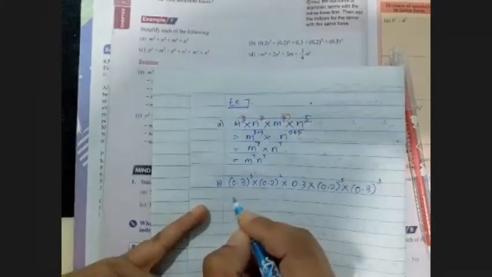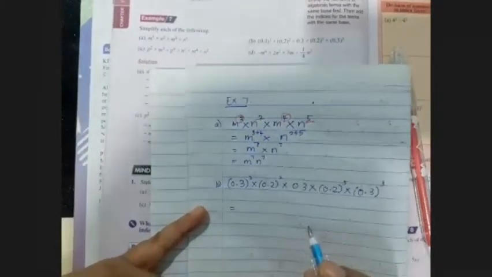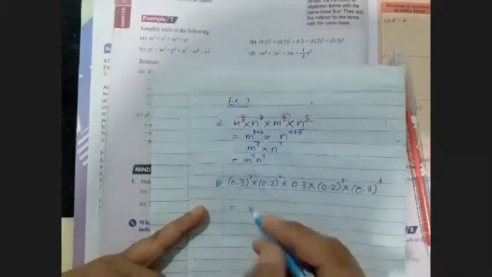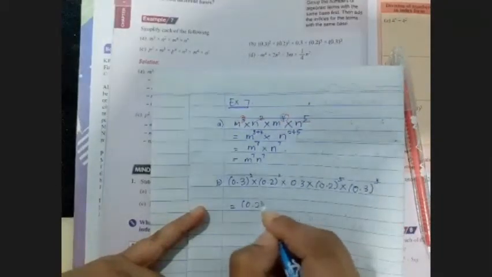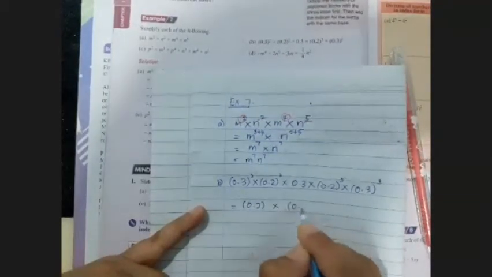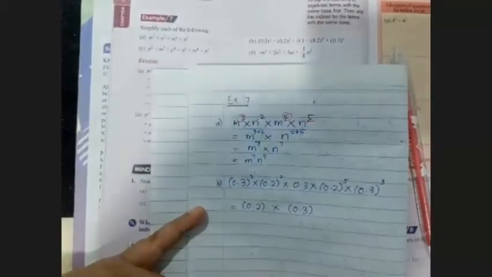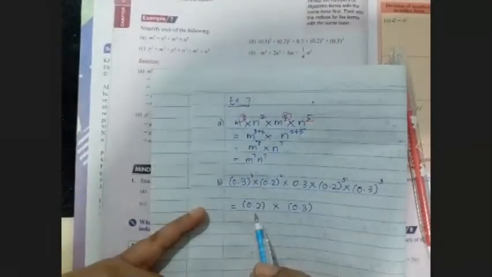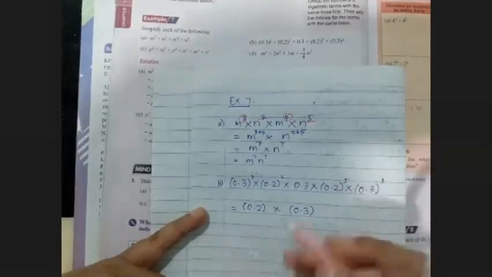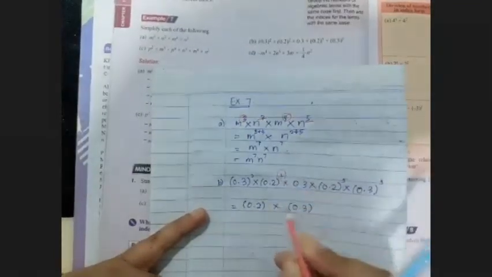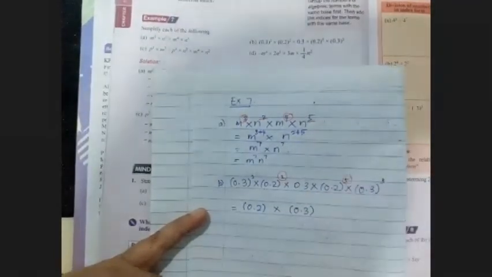Okay, how many bases here? Yes, 2 bases. We have 0.2 and 0.3. Okay, look at base 0.2. What are the indices? 2 and 5.